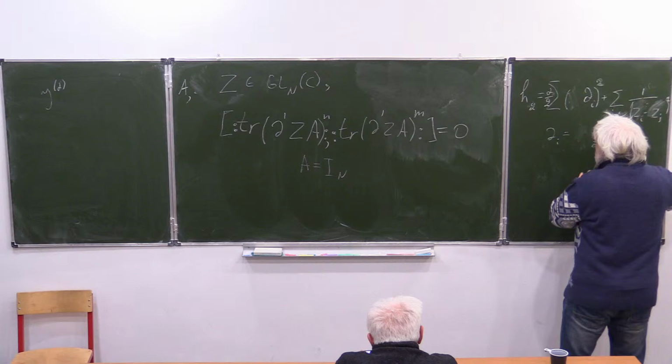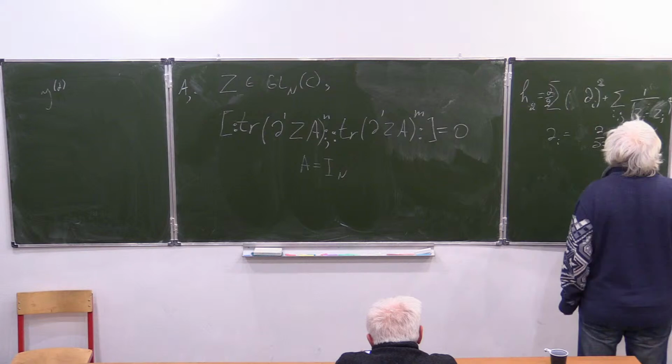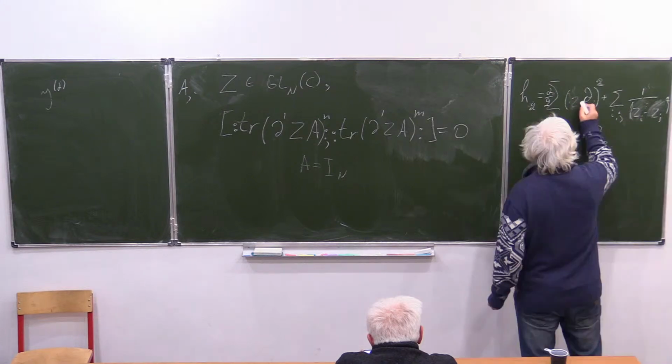And then it would be z_i d_i, as we had at the beginning. Yes, and this alpha is important.